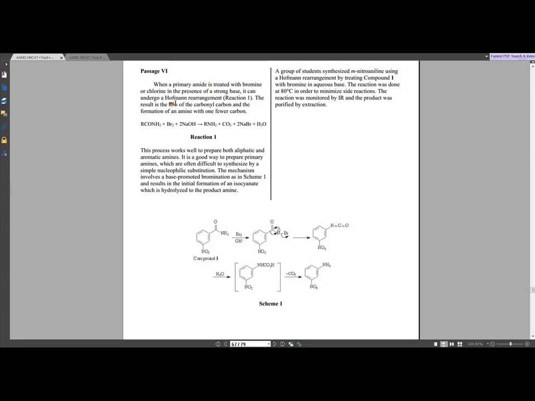Oh damn, Hoffman rearrangements. I totally forgot about that. Haven't touched Hoffman rearrangement in like a billion years.